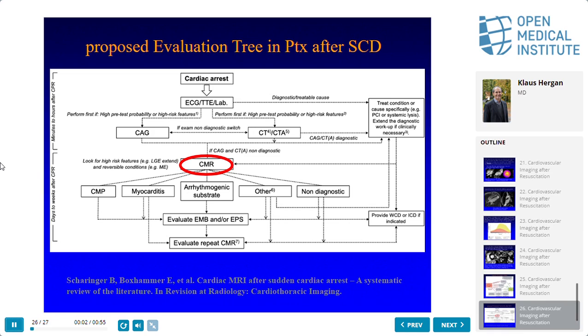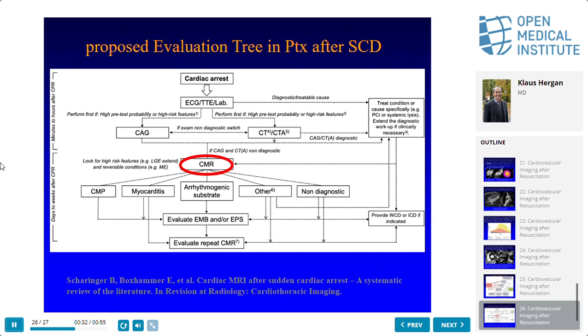In our study, we suggest this decision tree. It's not for athletes, it's for all of them. So when patients have a cardiac arrest, come into the clinic and survive that, they usually get ECG, echocardiography and laboratory workup. And then it is decided in cases where you have a high incidence of coronary artery disease, they are doing coronary angiography.